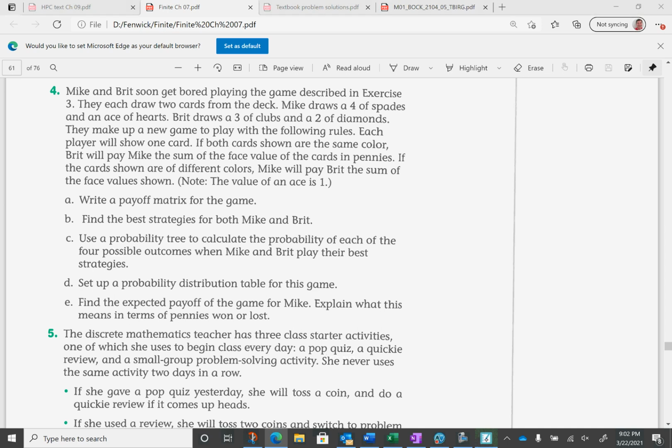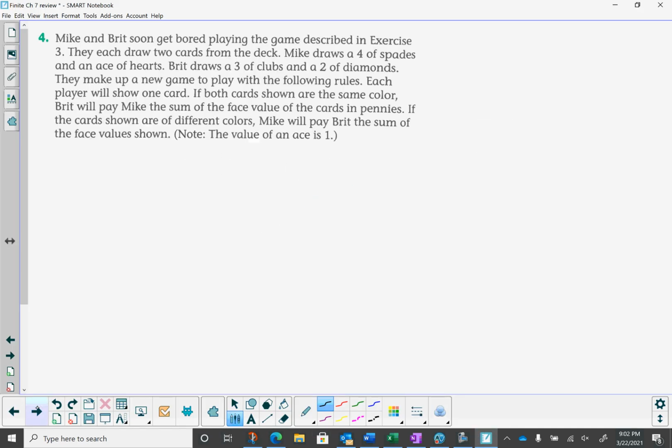So we need to write things here. I guess we'll leave Mike as the row player. He can show, again, he has a black card, the 4 of spades, and he has a red card, the ace of hearts.